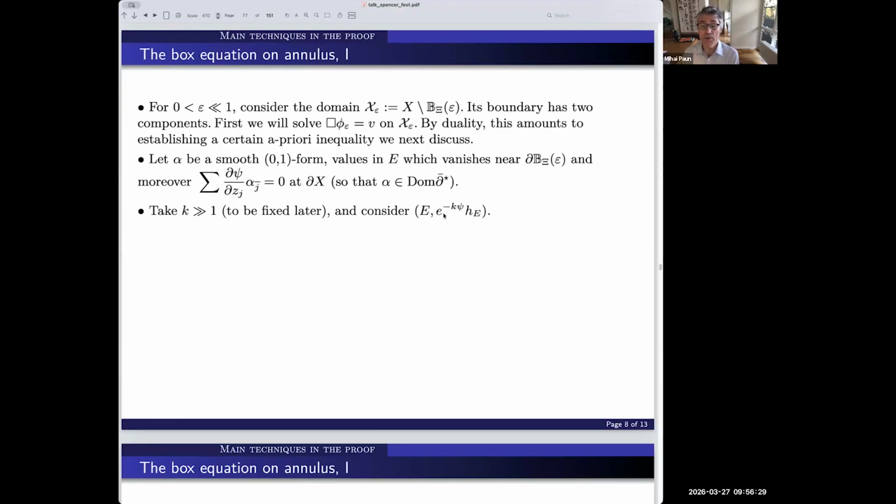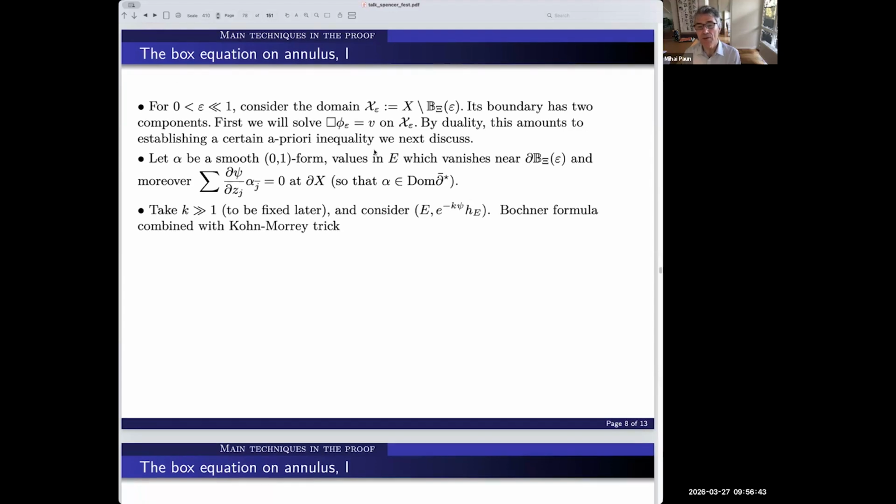So this corresponds to multiplying E with a very positive, ample, I'm sorry, vector bundle. And now, in order to get this a priori inequality I was mentioning, what is known is that one is using the so-called Bochner formula, as perfected by Kodaira, together with the Cohn-Mori trick to get rid of the boundary terms. This is where those conditions are appearing.